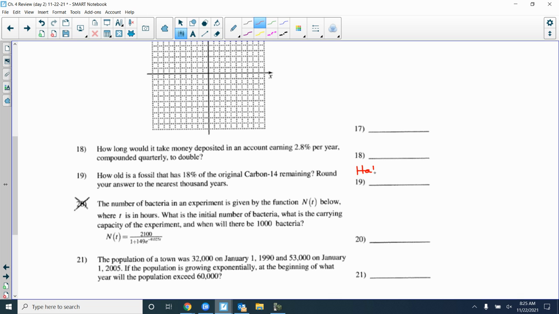So the half-life of carbon-14 is 5,700 years. Okay, so that's why you have to have that. All right, but other than that, we should be good for you to review.